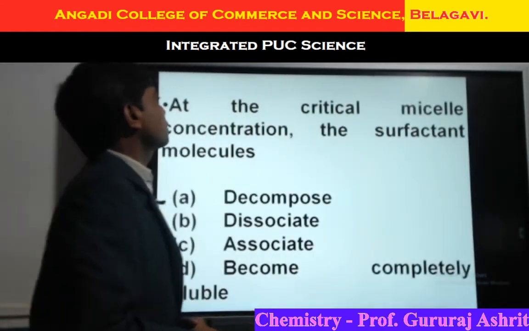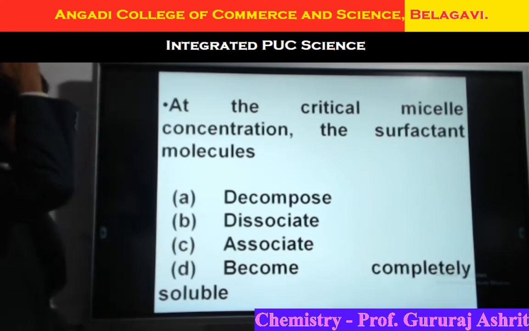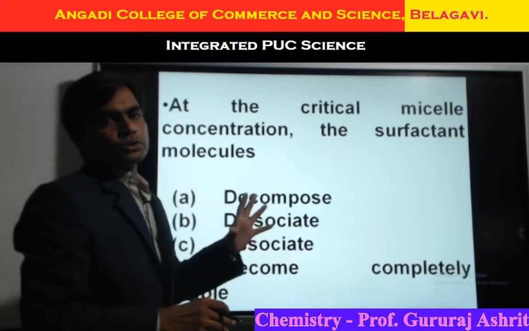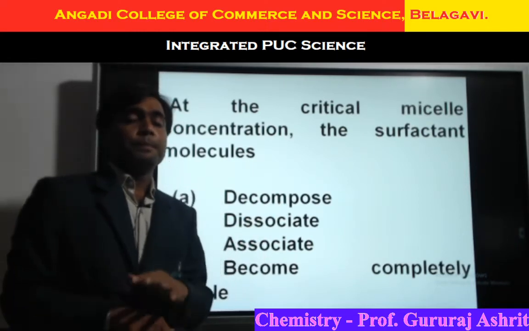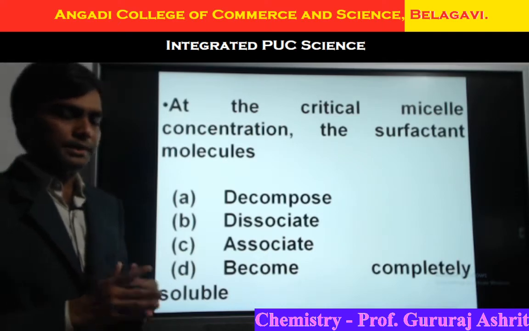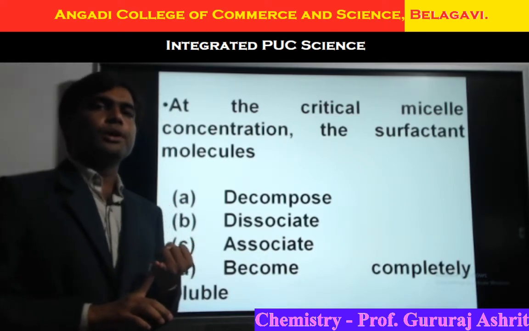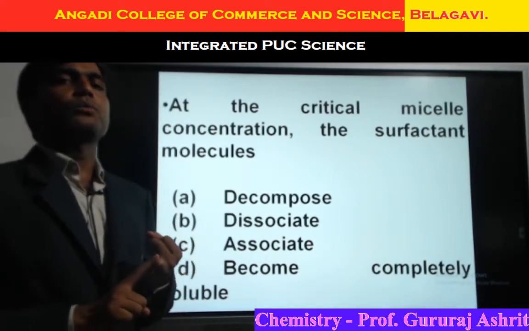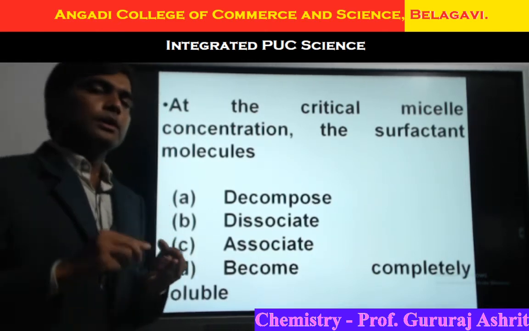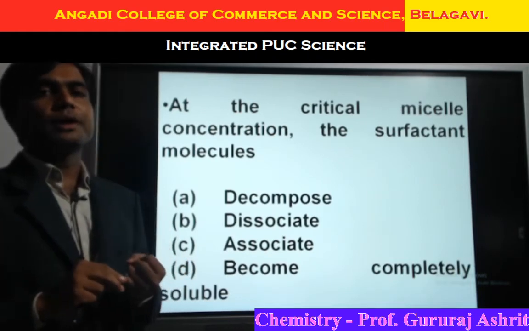Okay. Next question. At the critical micelle concentration, the surfactant molecules. These concepts come under classification of colloids, based on the particle size. First one, multimolecular. Second one, macromolecular. Third one is associated colloids. So in multimolecular, what happens?